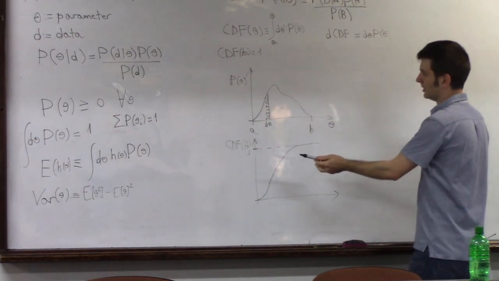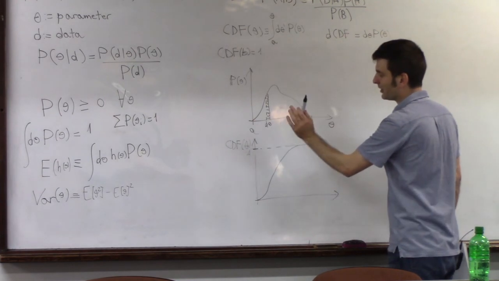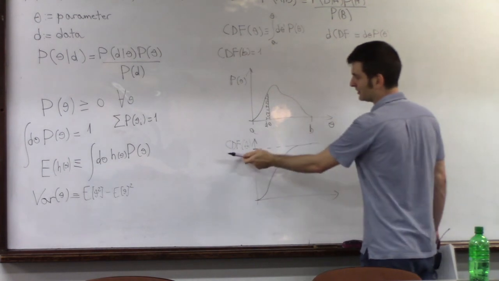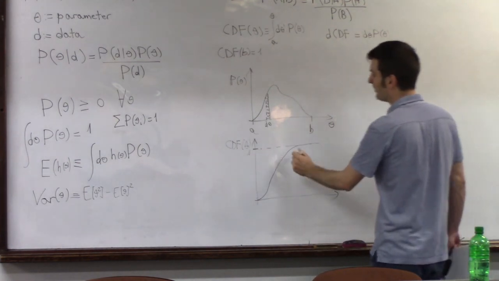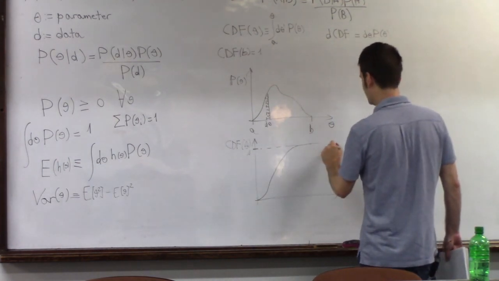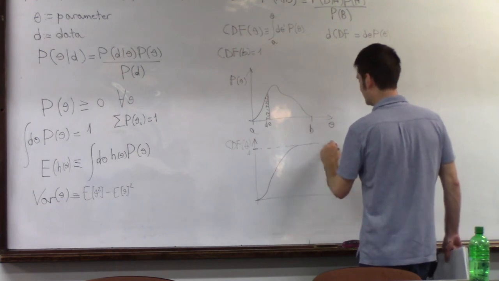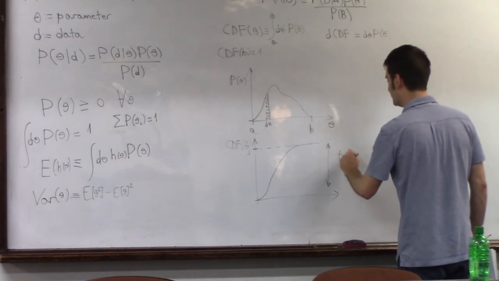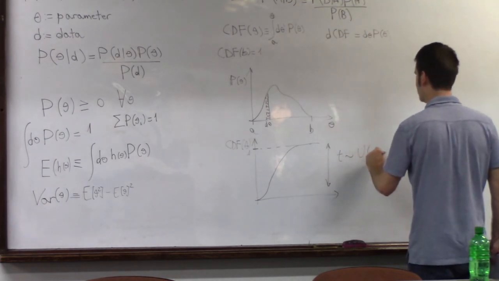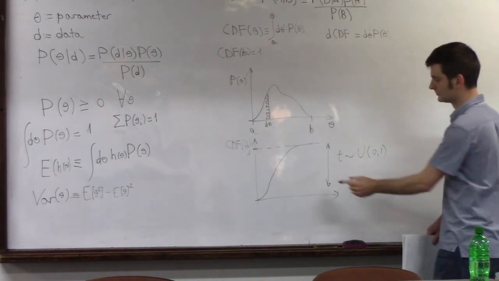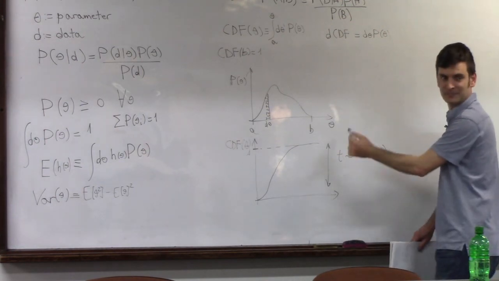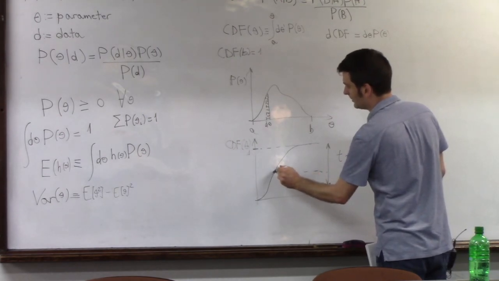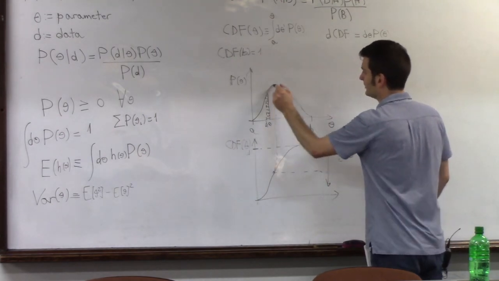So we can draw a random value from a uniform distribution in this quantity, and then map it back. This is a poor attempt at visualizing the process. We draw t from a uniform distribution between 0 and 1. We take a random number here, and then we go here, and then we go back here.